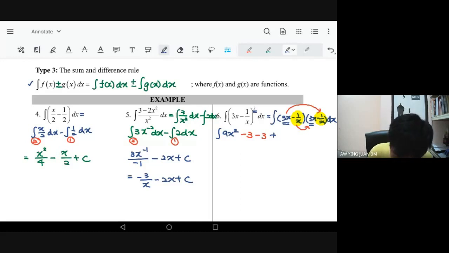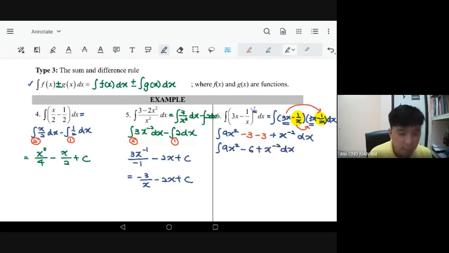So, saya dapat negative 2 respect to x. So, itu situasi dia lah. So, boleh tulis semula. Integrate 9x square minus 6 plus x negative 2 dx.